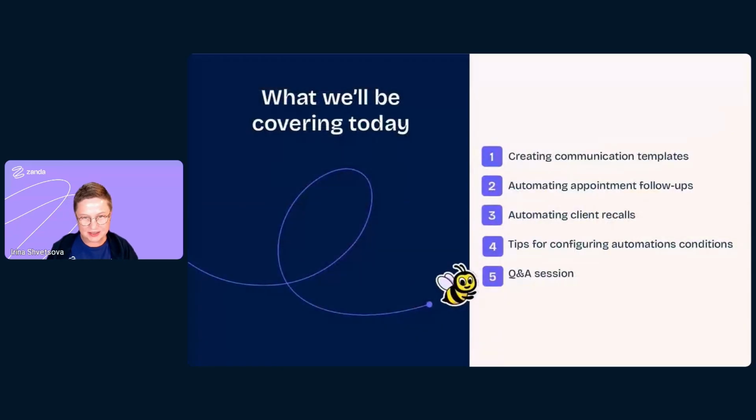Today in this workshop, we will be covering why the communication automations are really a cool feature to help you keep your clients engaged and coming back after their appointments. We will talk about how to create and use the communication templates for that, the SMS and email templates. And we will talk about 2 different automation types that you can use.